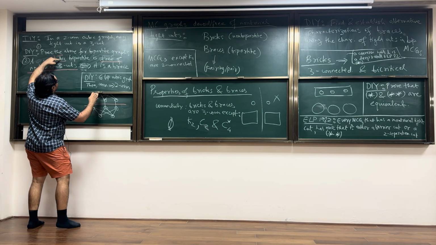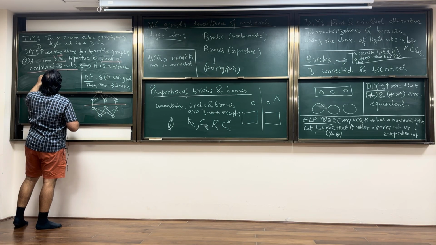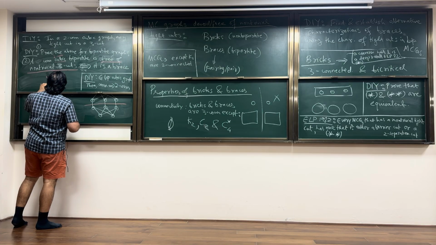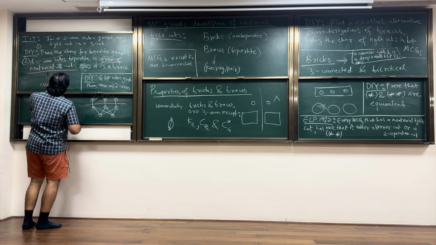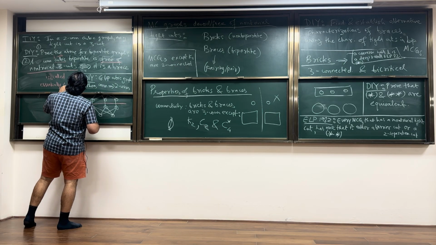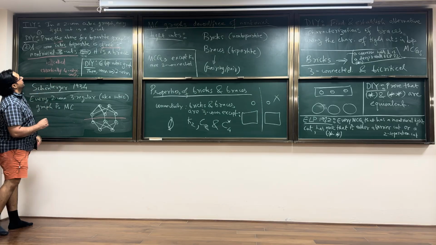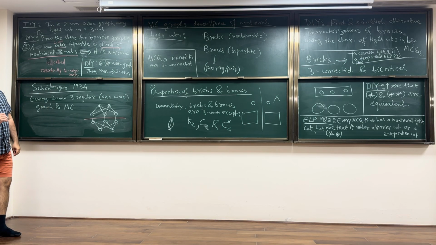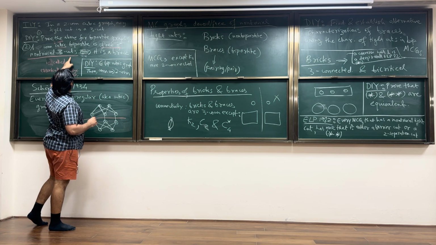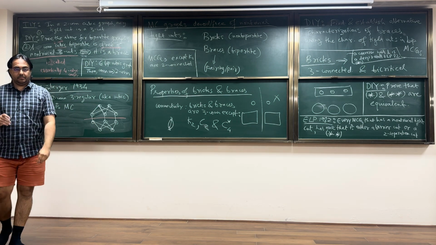A 2 connected cubic graph free of non-trivial 3 cuts is called essentially 4 edge connected.